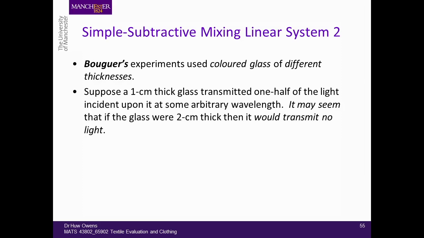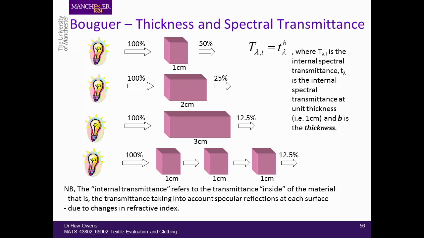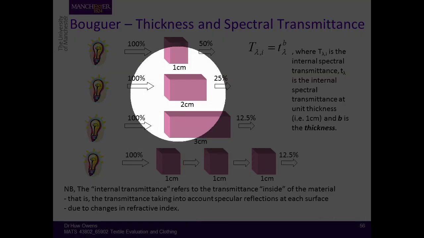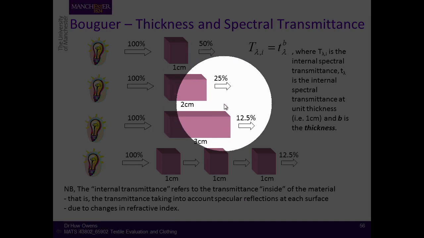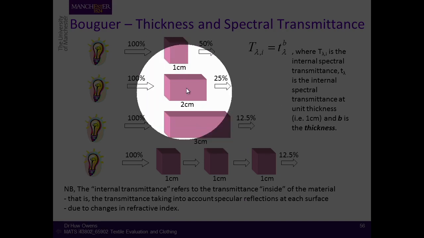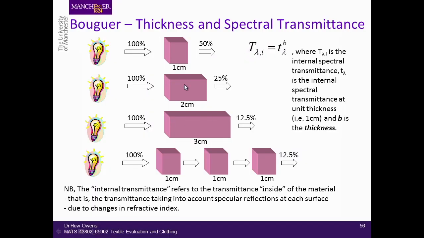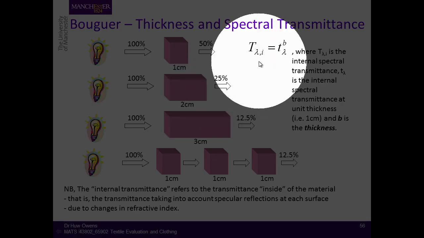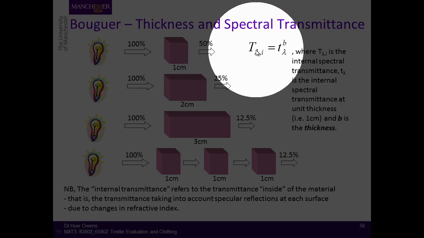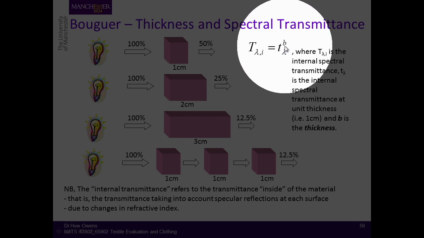So he looked at glass, different thicknesses, and this is what he found. If you use the same concentration, and all you're doing now is varying the distance that the light needs to travel through, he found this relationship: the transmittance equals the internal transmittance to the distance.